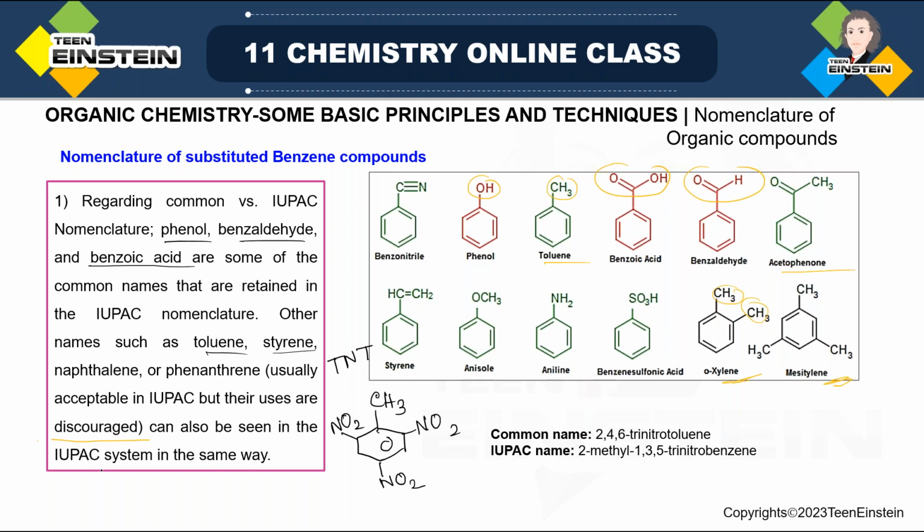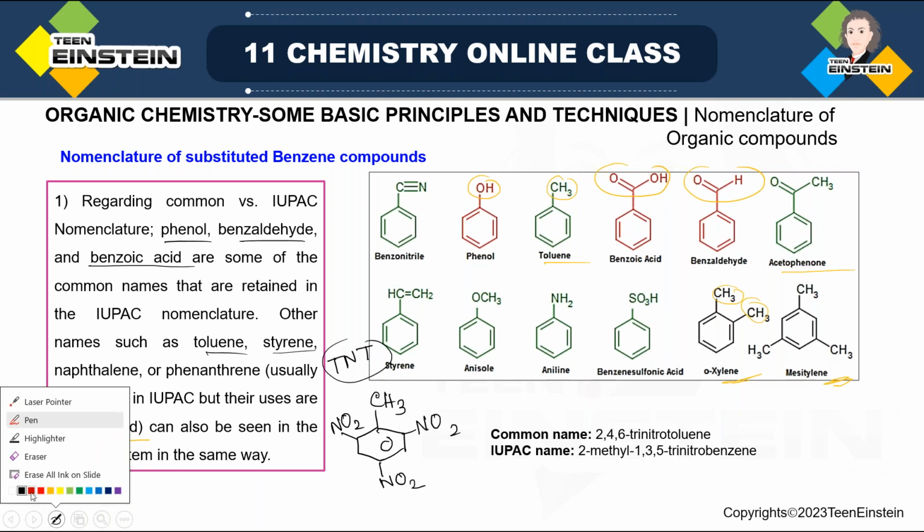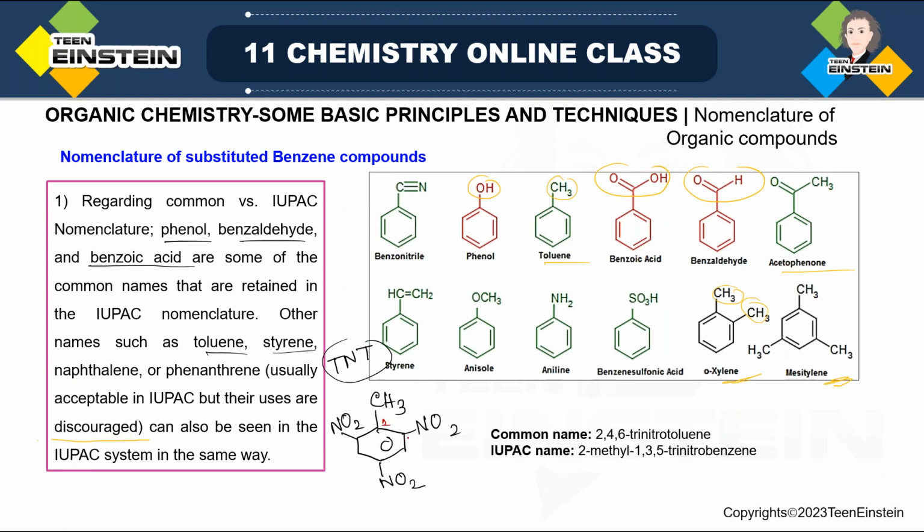When it is the common name, we use the short form TNT, and it is 2,4,6-trinitrotoluene. If it is following this nomenclature, the numbering should be like this, then 3, then 4, 5 and 6. But that is for the common name. If you are following the IUPAC name, you have to follow IUPAC, because in IUPAC toluene is not encouraged.